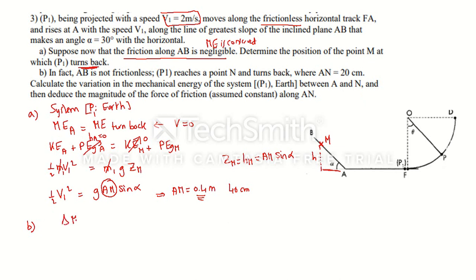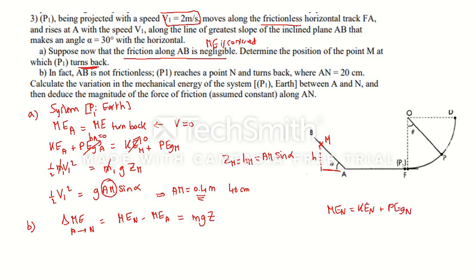So delta ME between A and N is equal to ME at the point N minus ME at the point A. And I continue the substitution. Since at the point N there's no kinetic energy, ME at the point N is KE at the point N plus PEG.